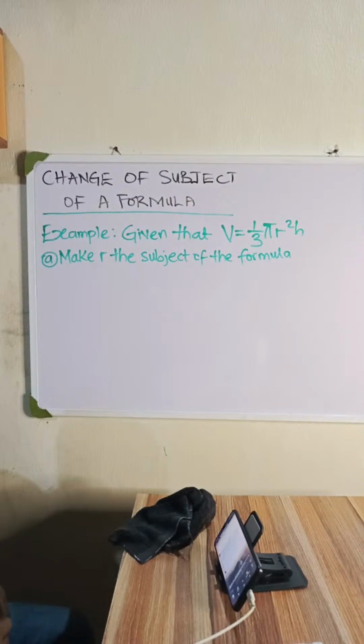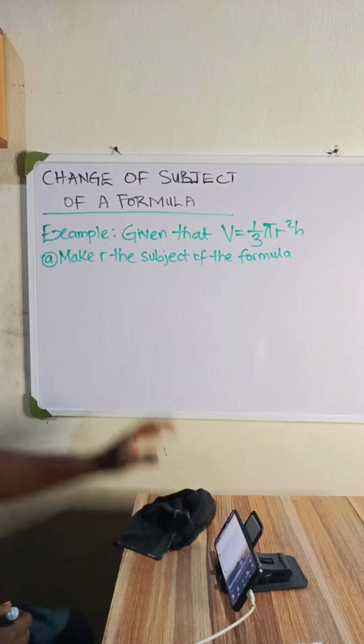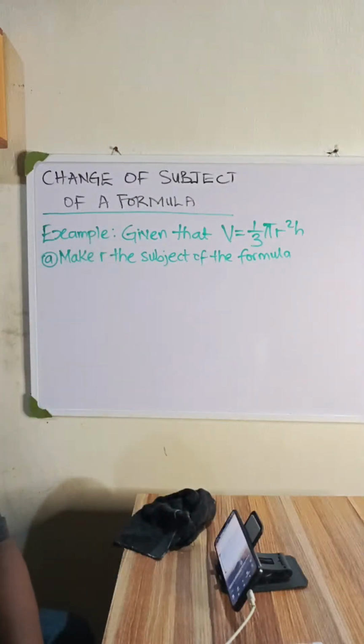Please, if you cannot see the board clearly, let me know. My black marker just got finished. I just observed that not too long ago. So can you see the green marker?